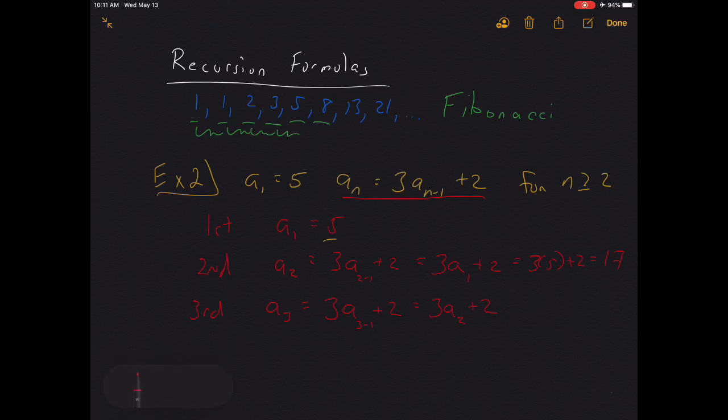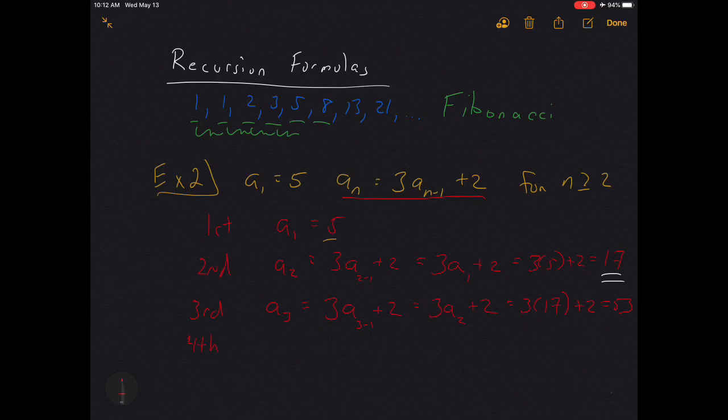But a sub 2 is what we found in the previous step. So that 17 takes the place of a sub 2. We get 3 times 17 plus 2. 3 times 17 is 51, plus 2 more is 53. So there's our first 3 terms.